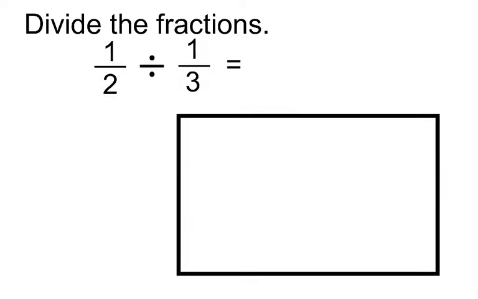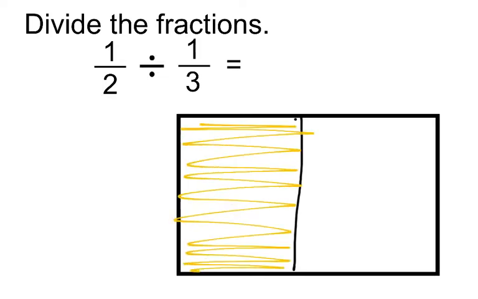Now let's look at a division problem. So we have a division problem, and we can say, let's start with 1/2, and that would give us, of course, 1/2. Now I'm going to divide it by 1/3. So I have thirds. So what I really need to ask myself is, 1/2 divided by 1/3 is how many thirds?